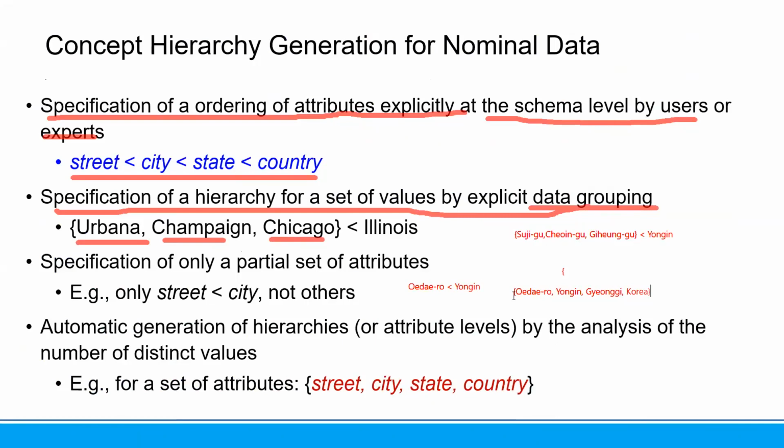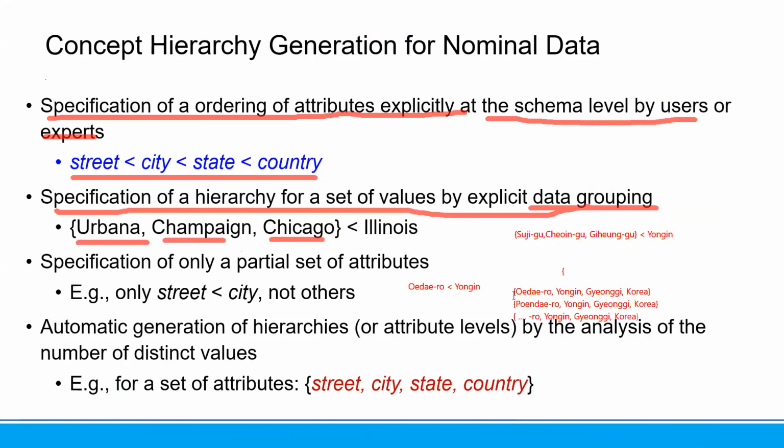Maybe this is Yongin, Gyeonggi, and Korea. We can set another data. Let's say, what is another? Hoandero. So it is also located in Yongin, in the province of Gyeonggi, and it is in Korea. So we can have another row, in Yongin, in the province of Gyeonggi, in the country of Korea.